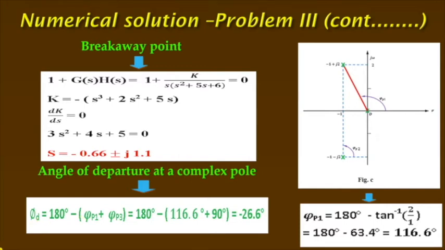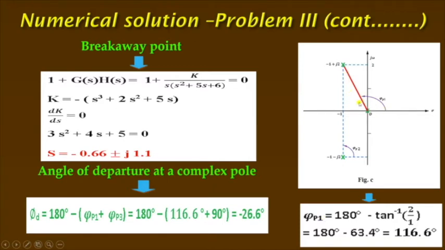This is equal to 180 minus sum of angles of vectors drawn to the test point from other poles, minus sum of angles of vectors drawn to this pole from the other zeros. But there is no other zero. So this value is 0. Only consider the sum of angles of vectors drawn to the test point from the other poles. That means phi p1.